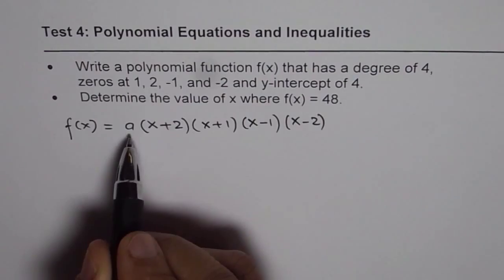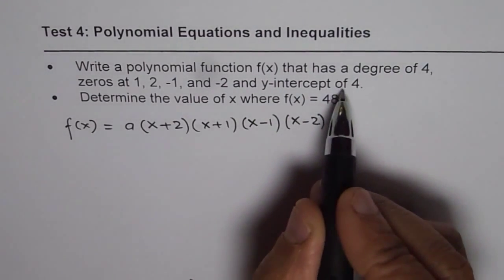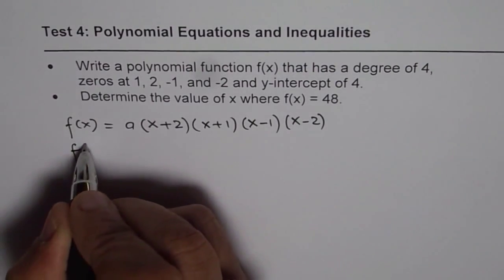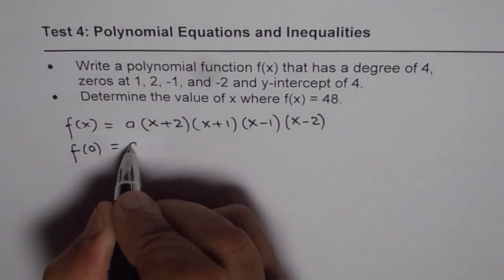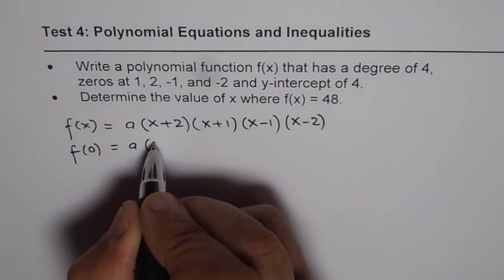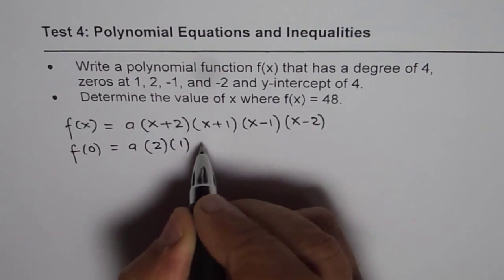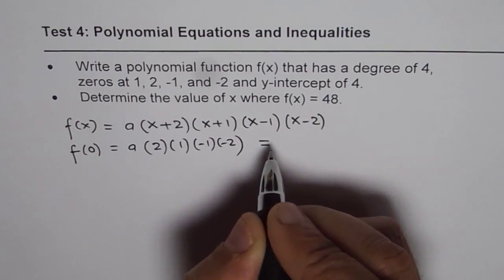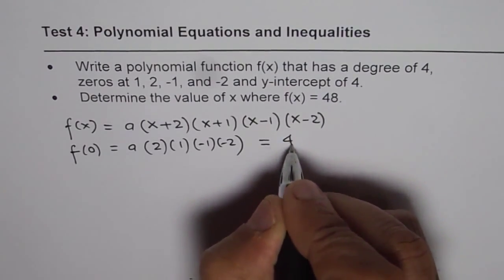Now to find the value of a, we can use the y-intercept, which is 4. That means f of 0 is 4, right? So a times, we'll put 0 here, so we get 2, 1, minus 1, minus 2, and this value should be equal to 4, the y-intercept, correct?